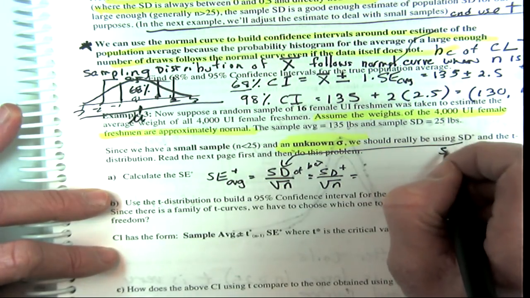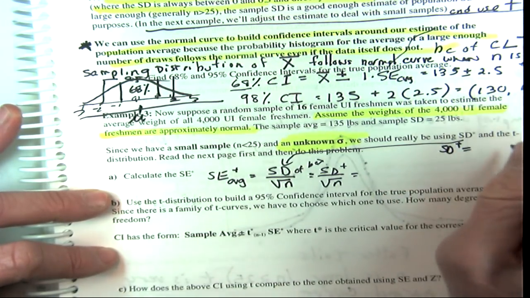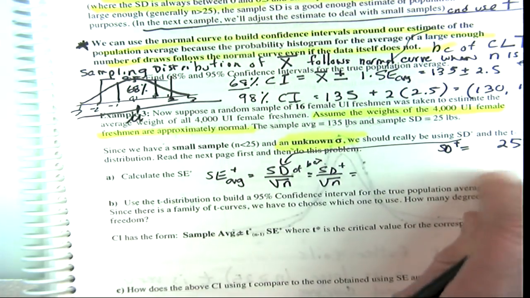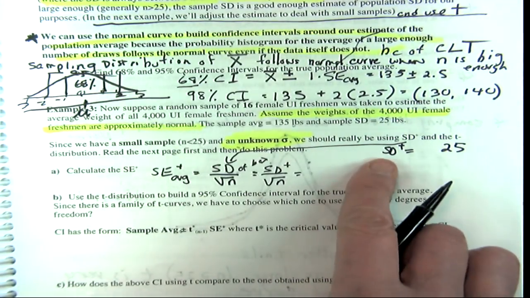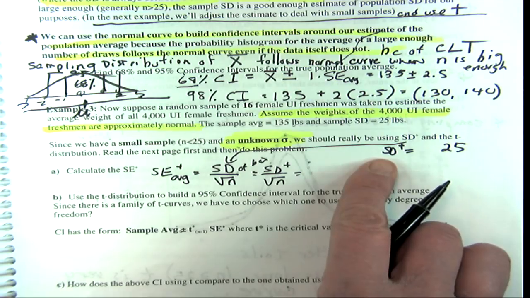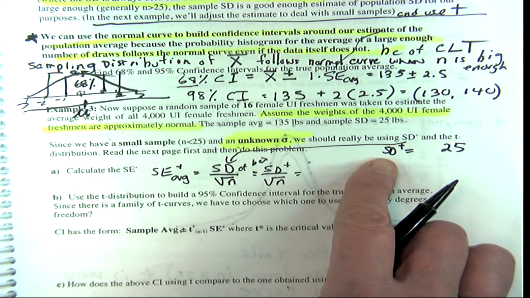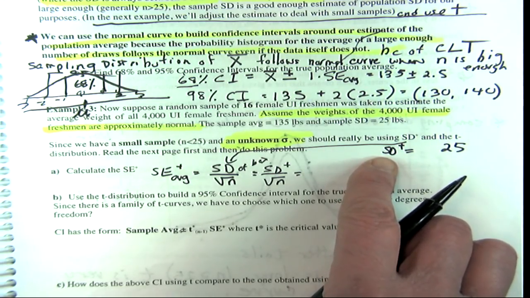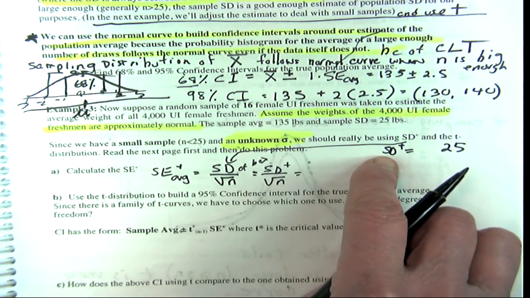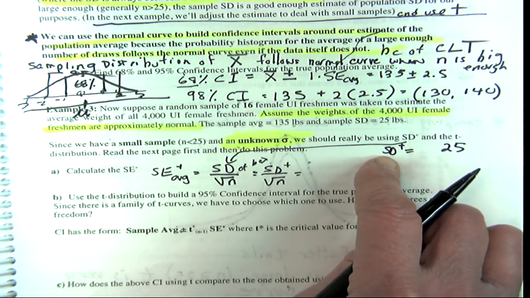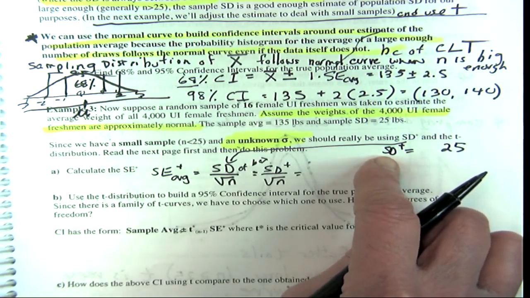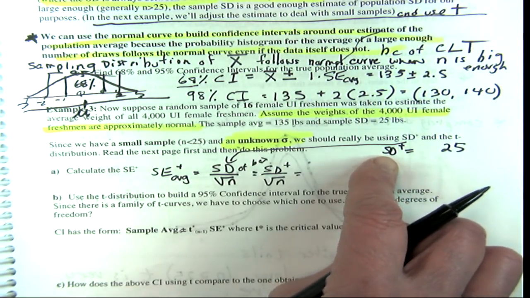So SD plus is equal to, well, here's how we're going to adjust that 25. We're going to make it a little bit bigger by a factor. Basically, if you were going to do it from scratch, when you take the average, instead of dividing by n, you divide by n minus 1. You take the deviations, square them, and do everything the usual way, but instead of dividing by n, you divide by n minus 1.